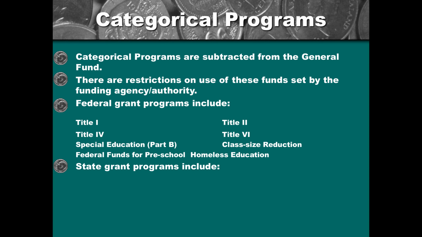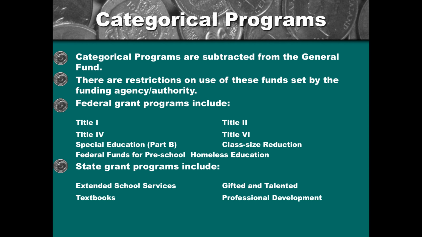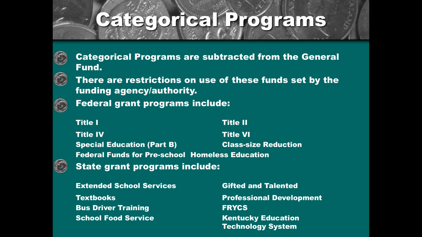And then of course there are several state grant programs, and these include things like ESS, Extended School Services, Gifted and Talented funds, what used to be called textbook funds, now called instructional resource funds, professional development, bus driver training, family resource and youth service centers, and of course school food service and CATS, the Kentucky Education Technology System.